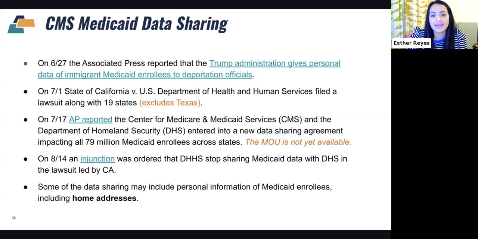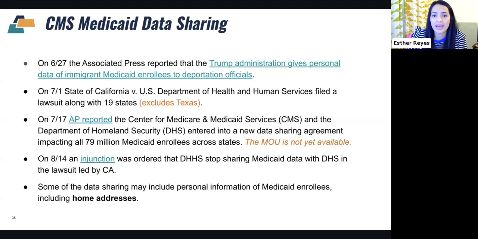Another update: in June, the Associated Press reported that the Trump administration shared the personal data of Medicaid enrollees in California, Illinois, Washington, and the District of Columbia with the Department of Homeland Security, or DHS, for immigration enforcement purposes.